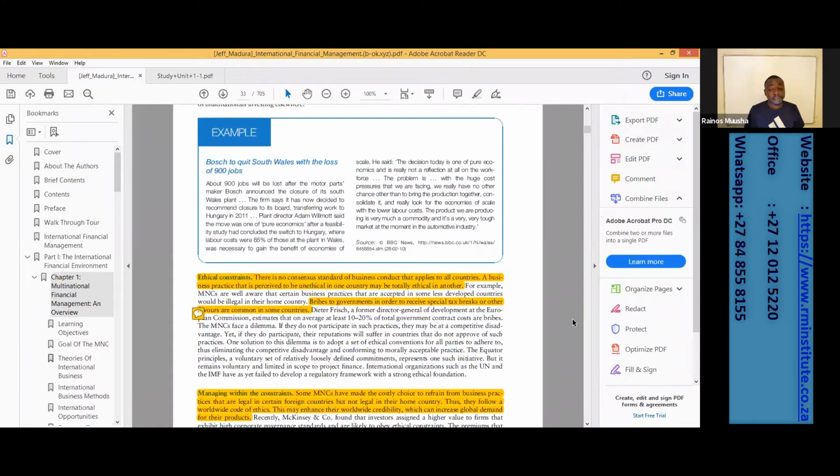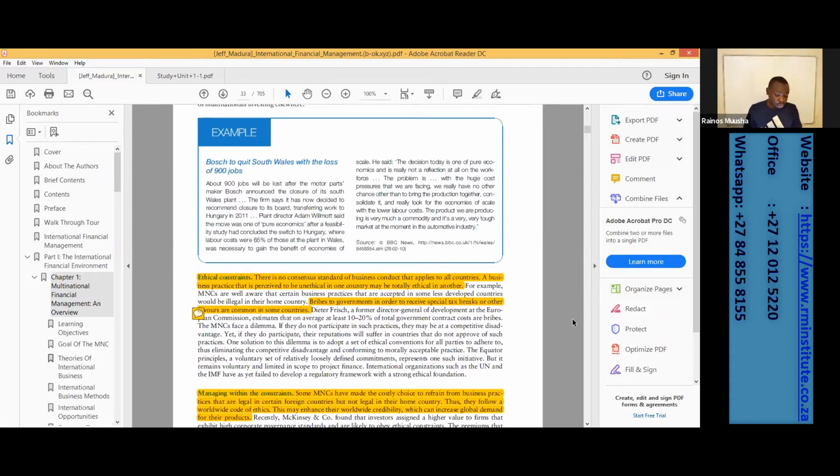And usually, if they belong to a particular professional body, they have to adhere to the stricter of either the code of conduct of the professional body or the code of conduct of the country in which they're going to be operating.